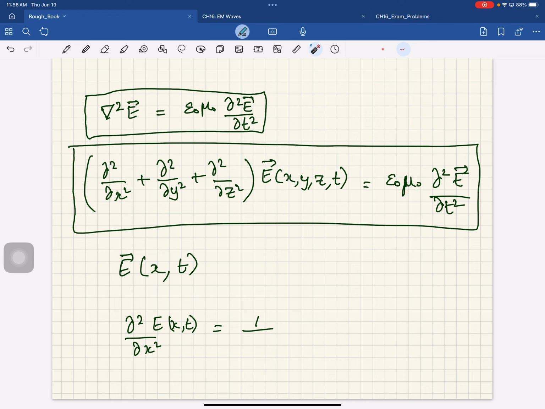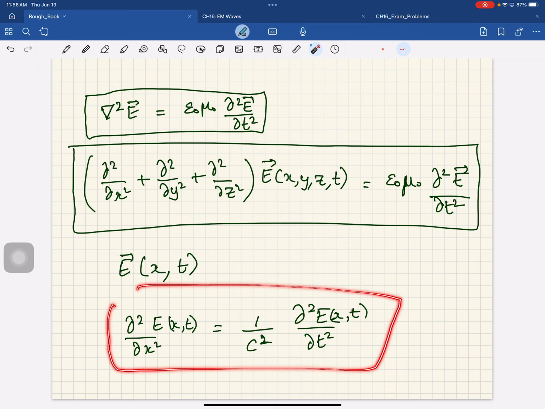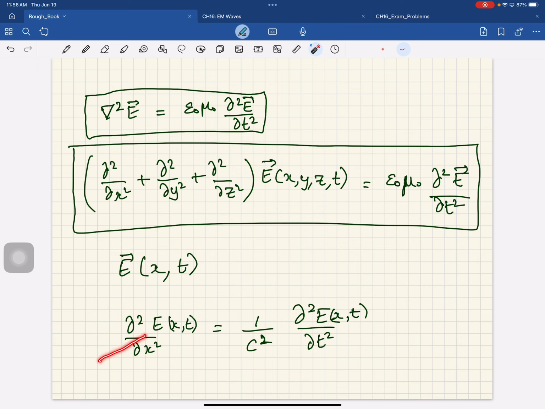So that's c square del square E by del t square. Again, this is the wave equation. You will encounter this quite a few times. A wave equation involves the second order spatial derivative and the second order time derivative. So it's relating the second order spatial derivative to the second order time derivative. Now this is very easy to solve.